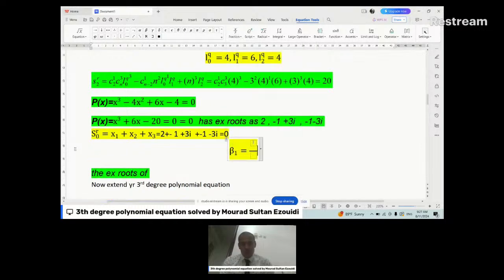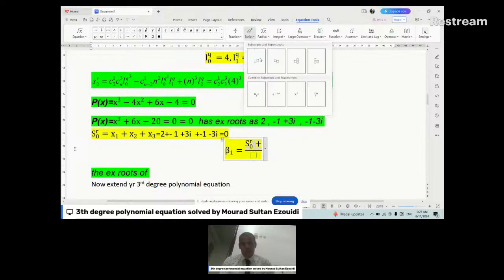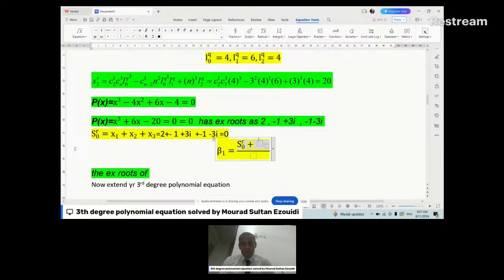Equal to 4 plus xk, plus xk, plus xk, down is k. Of course this is 4 plus xk divided by 3.